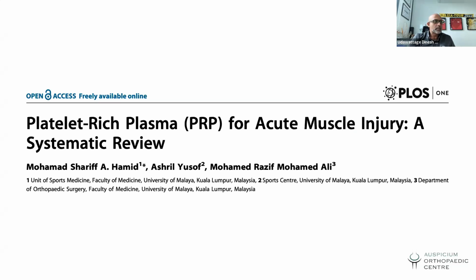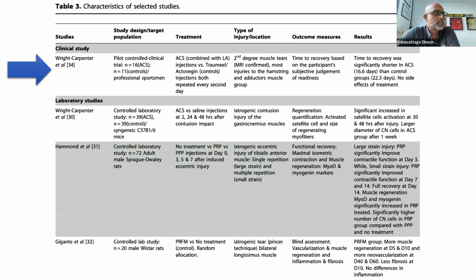This paper was undertaken by our colleagues in Malaysia. They looked at PRP for acute muscle injuries, and basically said that in this paper, Wright and Carpenter did a small trial in professional athletes, and what they said was that time to recovery was shorter than in the control group, and there weren't any significant effects of treatment.